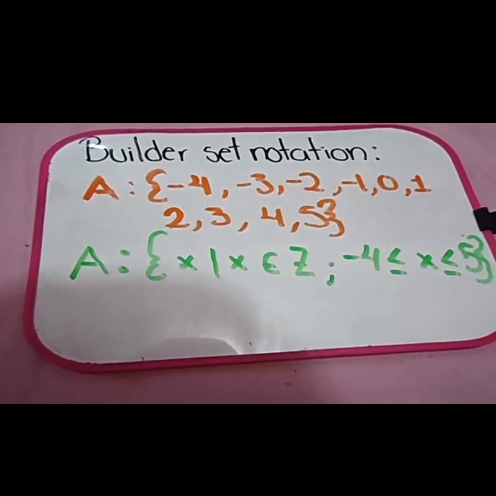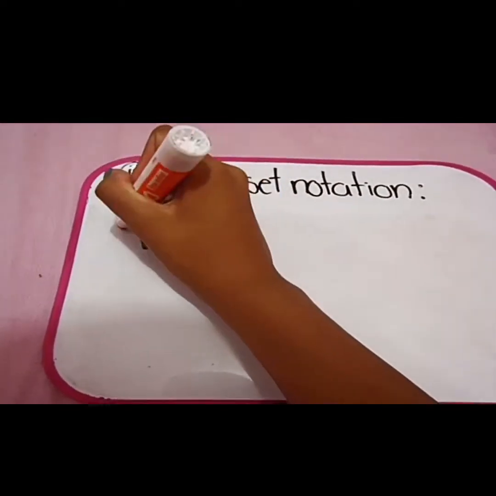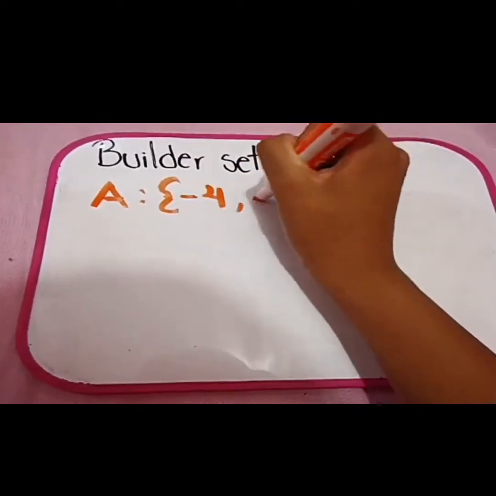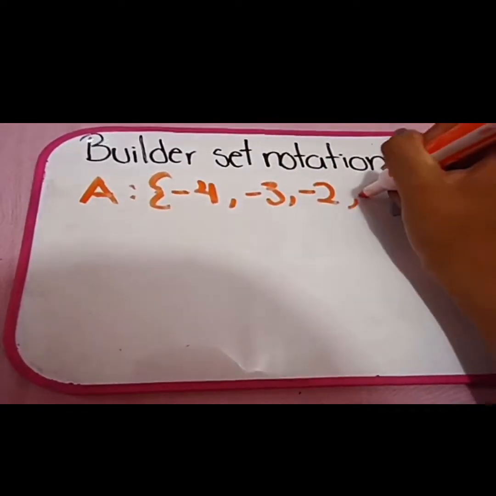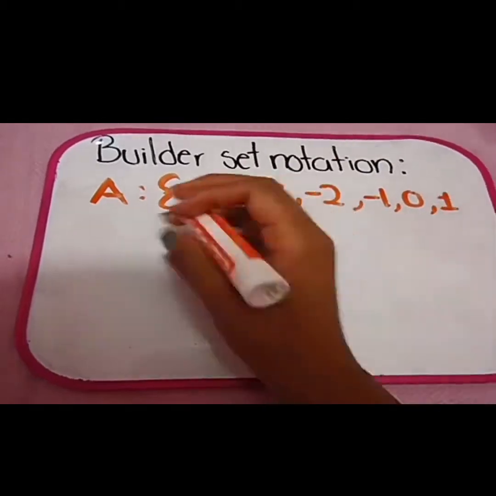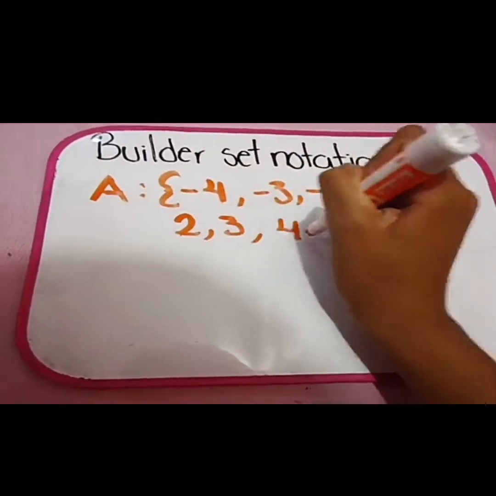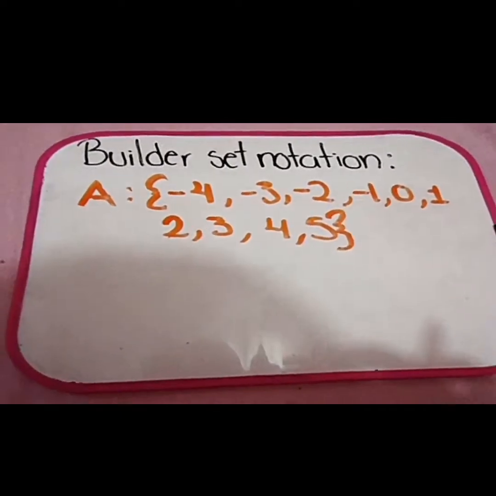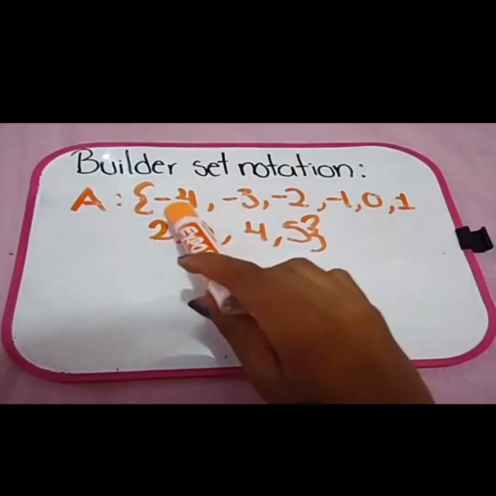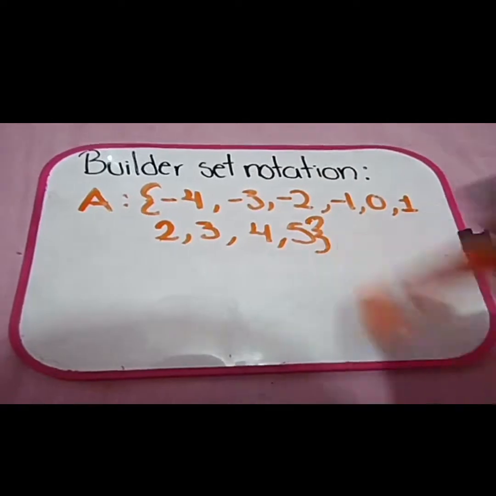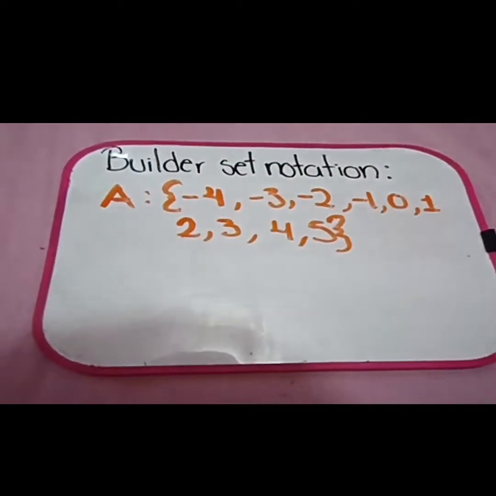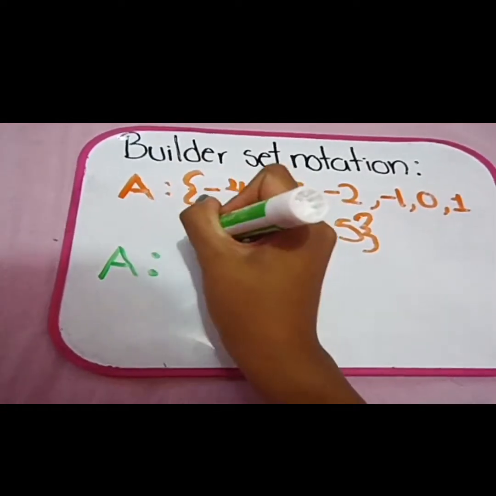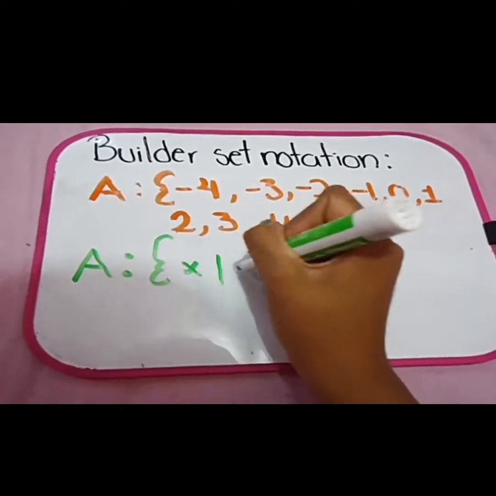Well, now here we have an example. We're gonna use the roster method to make up a set, but with the set builder notation. So here we have our set, and then we're gonna put the formula to make up the set builder notation. Here we have our set, so we're gonna put what we want, the specified terms. So first we're gonna write the A, that is the name of the set.